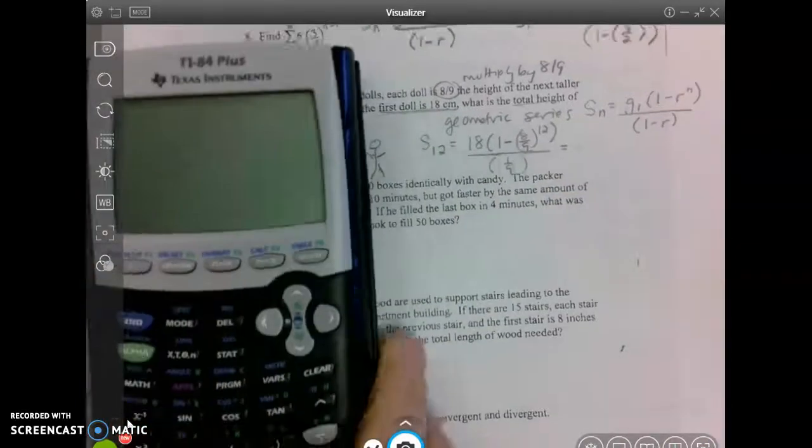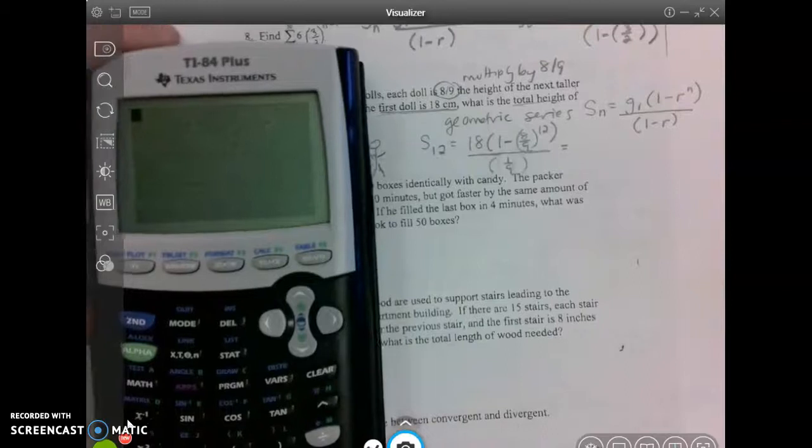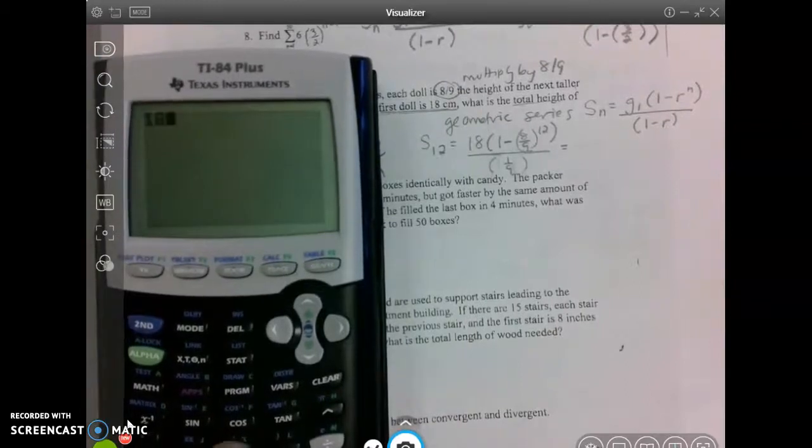Right, so I'm going to go to my calculator. The first term is 18 times 1 minus, in parentheses, 8/9 to the 12th power, end my parentheses. That is my numerator. Divided by, I can do 1 minus 8/9, or I can just simply do 1/9. Oh, I forgot to hit divided by.